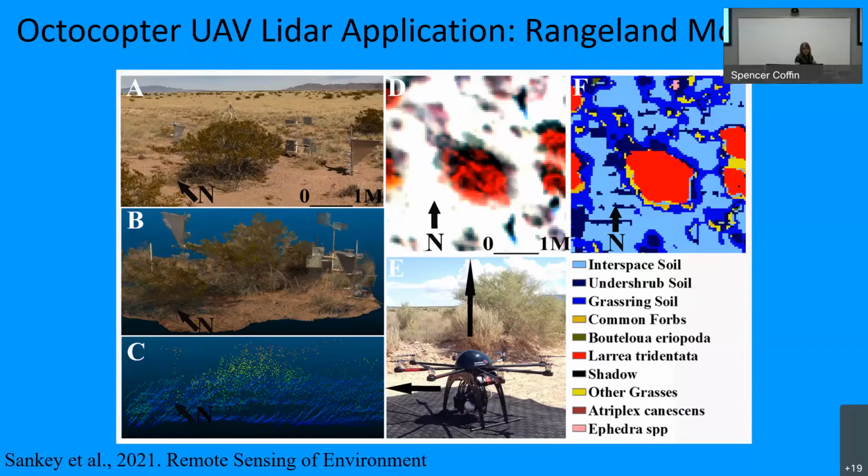And then in panel C, I show the octocopter LiDAR data in a rangeland environment. Here you can really see the individual laser points of some of the instruments as well as that one shrub canopy. What this kind of data allows us is to measure and classify individual rangeland vegetation species as well as different soil types.